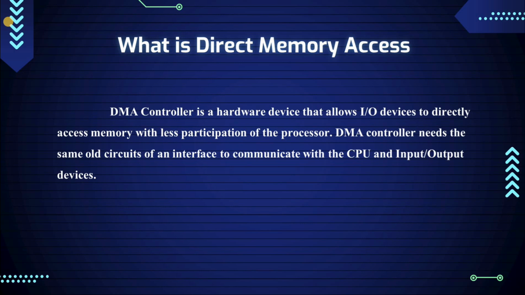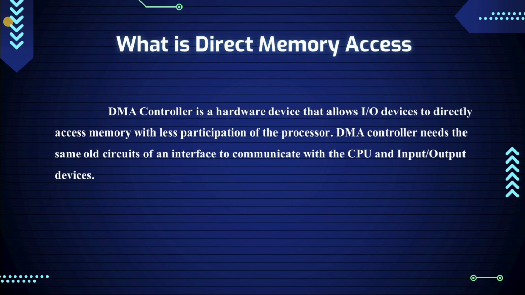This can take a significant amount of time and put a heavy load on the CPU, which can cause performance issues. Overall, DMA is an important technology for improving the performance and efficiency of modern computer systems, and it is used in a wide range of devices and applications.